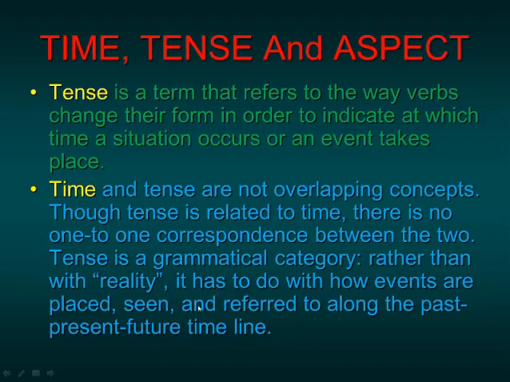This tense and time do have a correlation: we use tense to show three categories of time, that is past, present, future. That is the timeline.